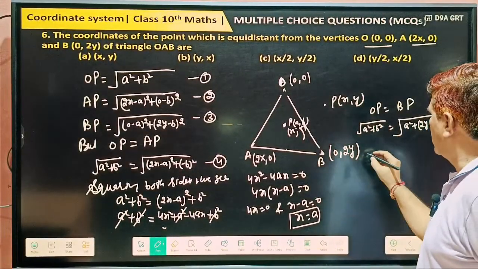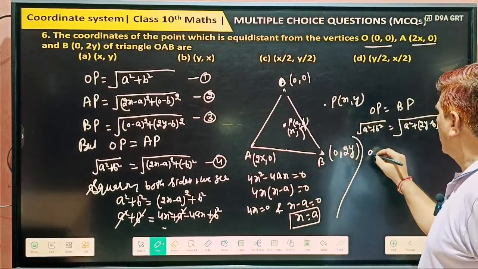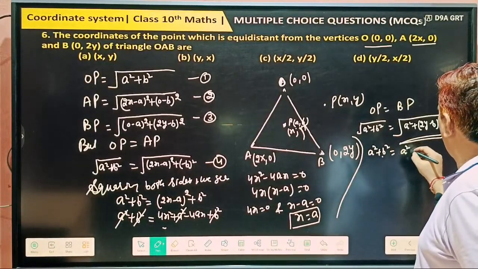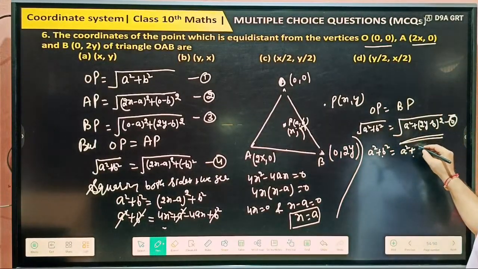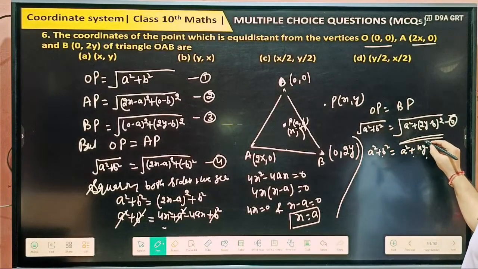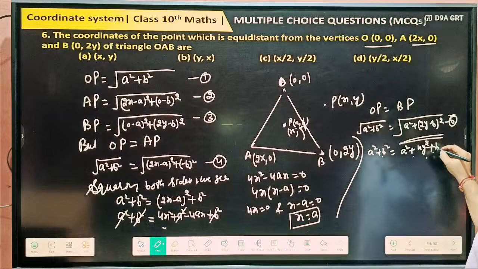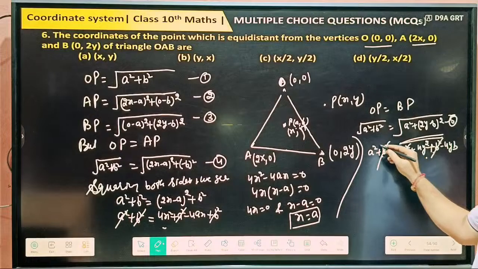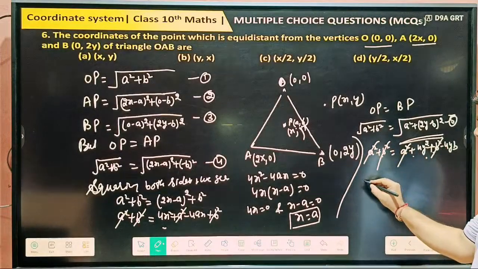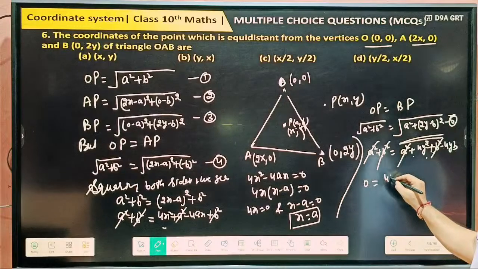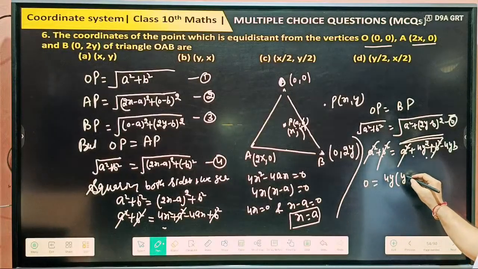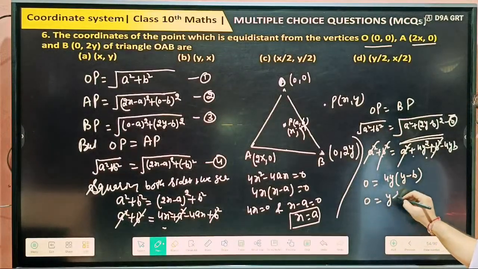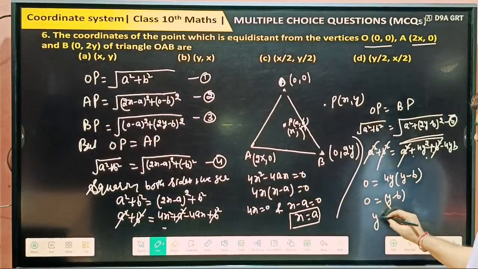Again squaring both sides, A square plus B square equals A square plus 4y square plus B square minus 4yb. This cancels this, this cancels this. So 0 equal to 4y taken common, y minus b. So 0 equal to y minus b. So what is y? Y equal to b.